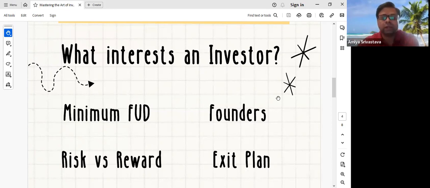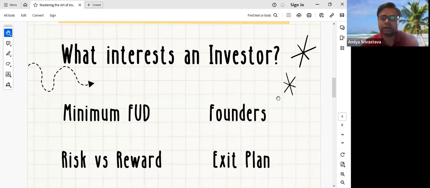What you need to do as a founder is go back to the drawing board and put on the hat of an investor first. Then look at the entire material, your entire startup, right from your product to how you're going to acquire your customers, how you're going to run your business, what you're going to do operationally, and then ask yourself, what are those points where someone could have an FUD?